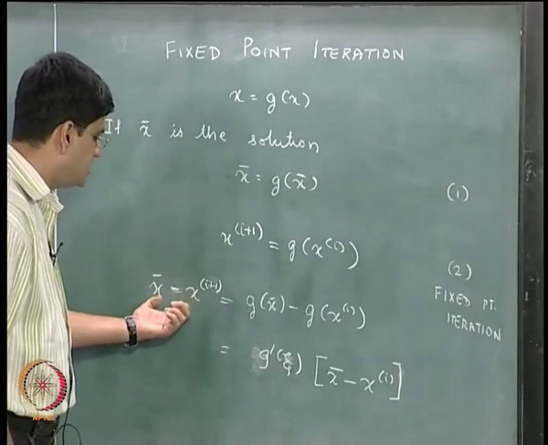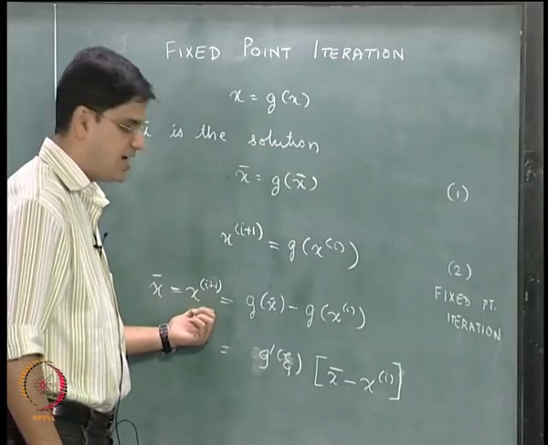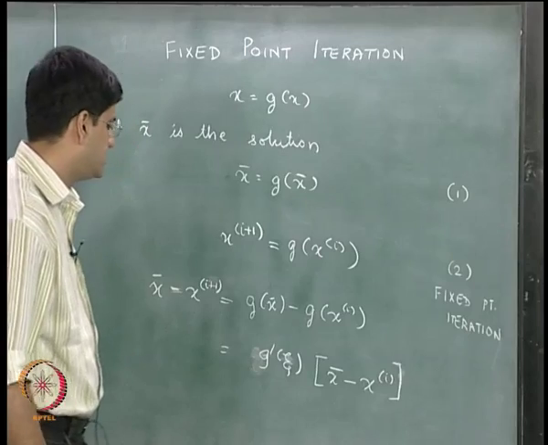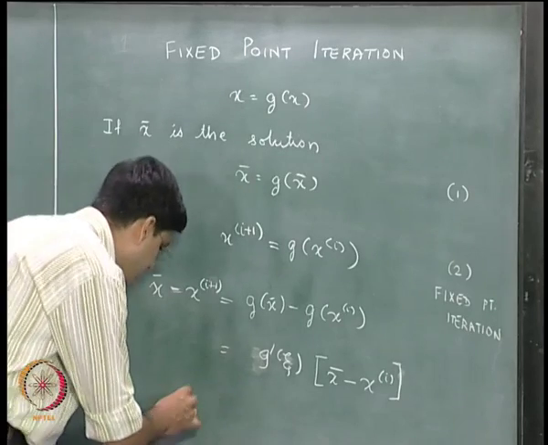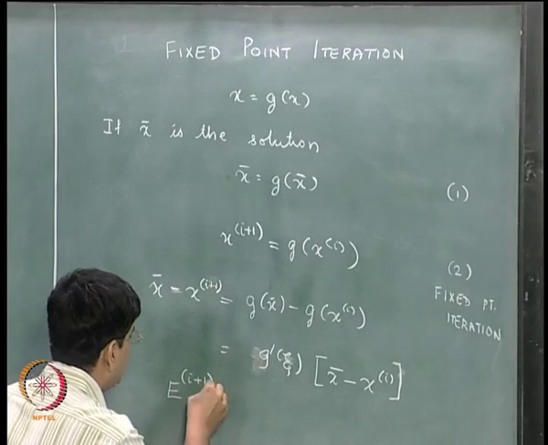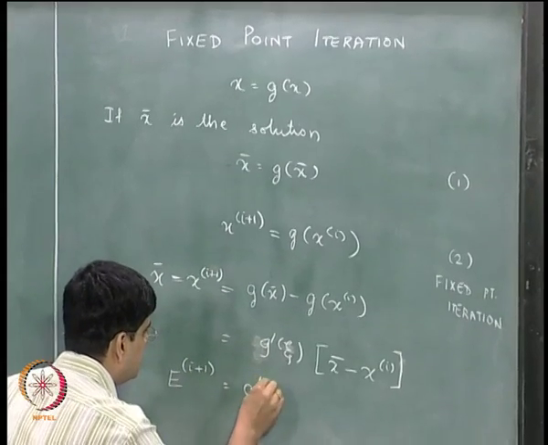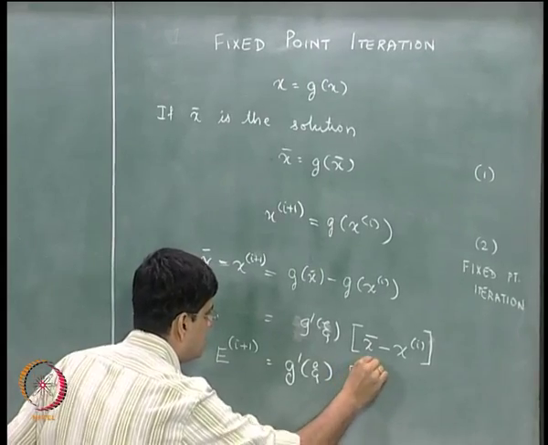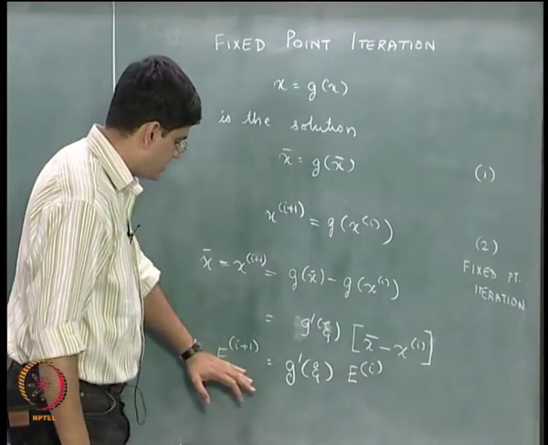So this essentially is nothing but our e_{i+1}, and this is our expression e_i, and we can write those things down. So we have e_{i+1} is equal to g dash of zeta multiplied by our error e_i. Okay.